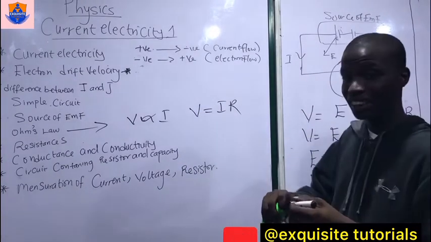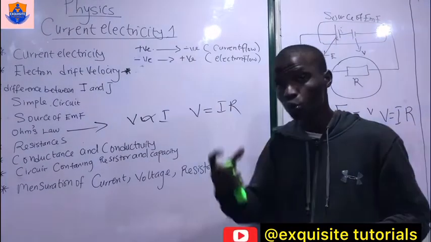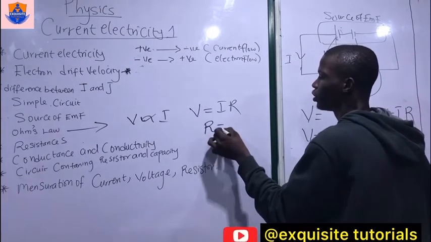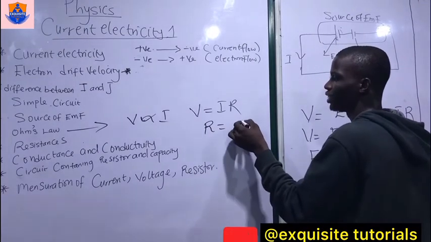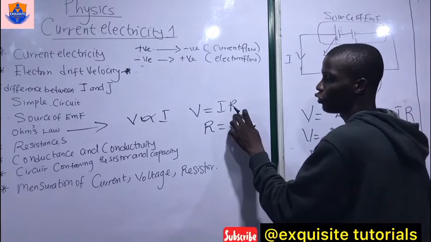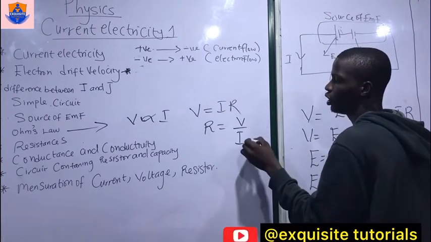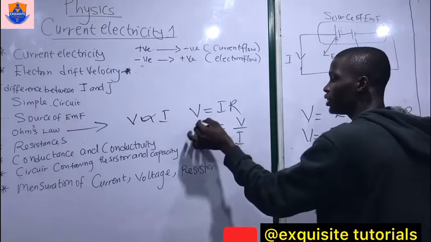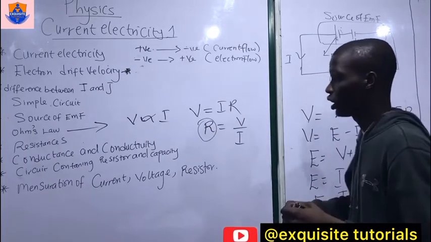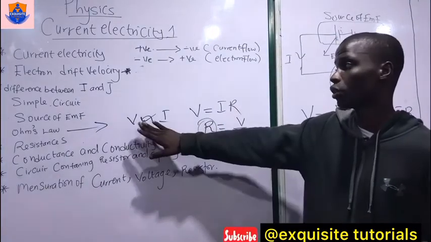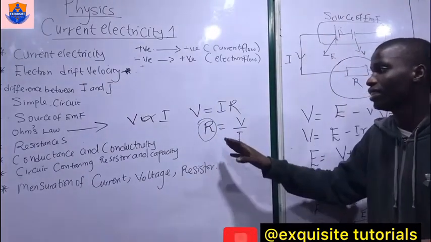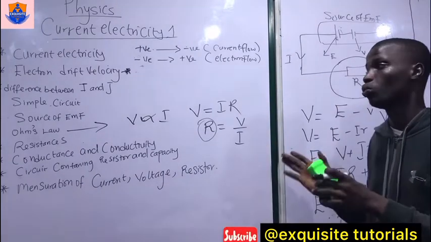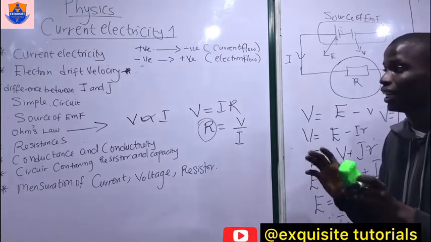He said the voltage is directly proportional to the current, and also that the resistance is inversely proportional to the current. I can make R the subject of the formula, V over I, if you divide both sides by I. So those were the two hypotheses the scientist carried out.